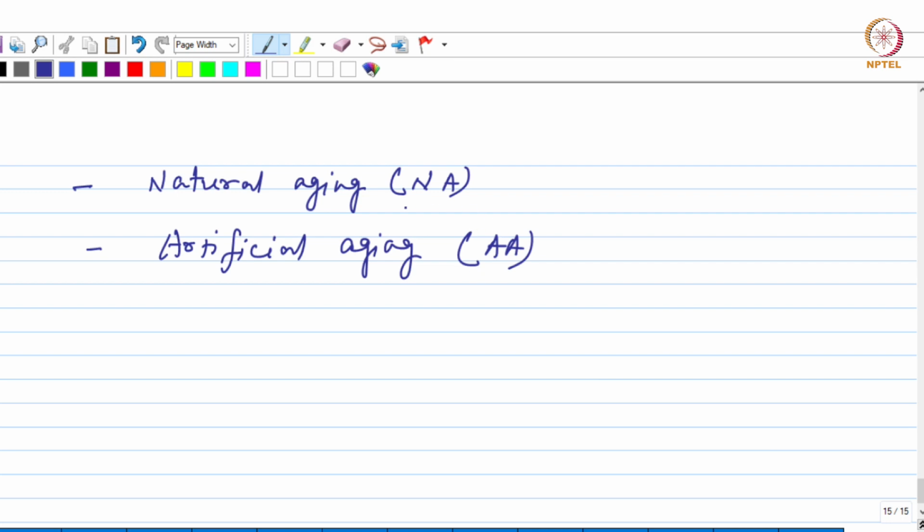So here, in case of natural aging, when you hold the alloy isothermally at room temperature, the excess solute that you have in the solution will come out as clusters of atoms on certain planes.